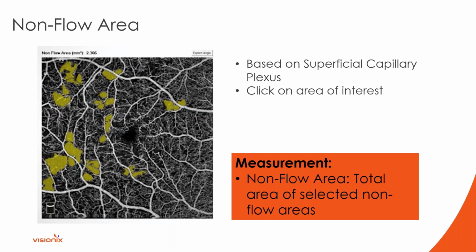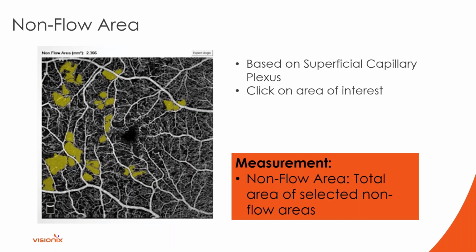There's also another part of this Angioanalytics piece called non-flow area. This gives you the ability to take your mouse and just click on any area that looks dark, and the machine will automatically calculate how much no flow there is based on where you click.